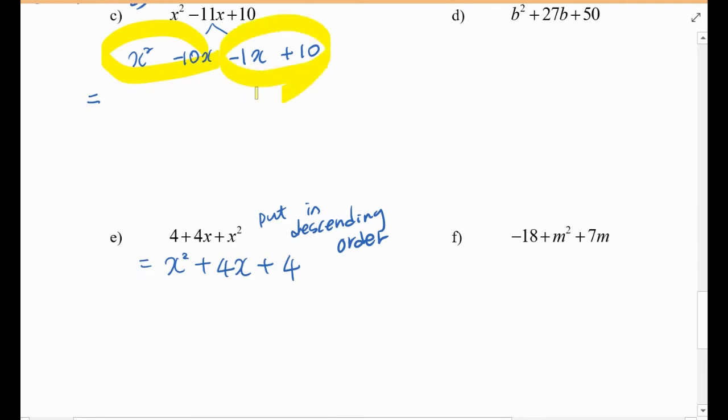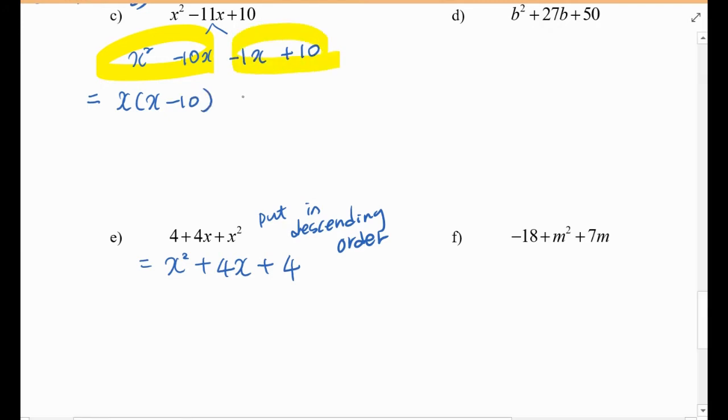This time I'm not going to use the letter. I'm just going to group those 2 up and find the GCF. Factor out x, then that becomes x minus 10. Next, let's group those 2 up. Then I'm going to factor out negative 1, and it becomes x. Negative 10 divided by negative 1 is positive 10, so negative 10 is left. Okay?